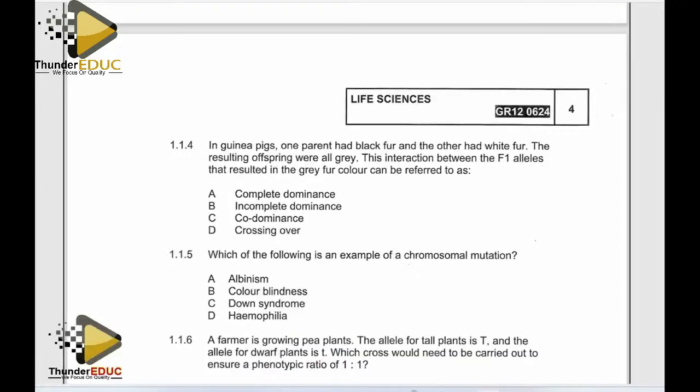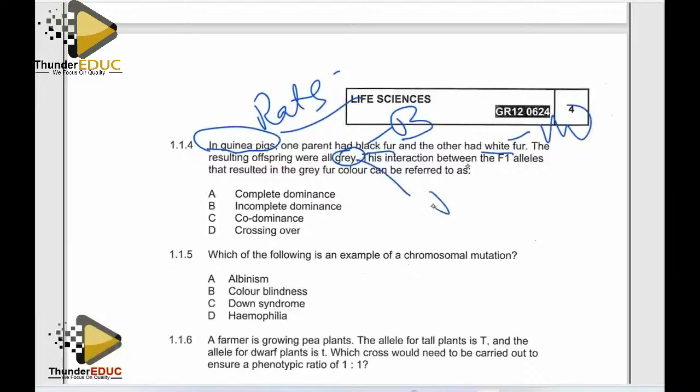They're saying that in the guinea pigs, did you know that these are not pigs? These are rats. All right. In the guinea pigs, one parent had black fur, and the other had white fur. The resulting offspring were gray. The moment you have black and white and you produce gray, it is an intermediate.